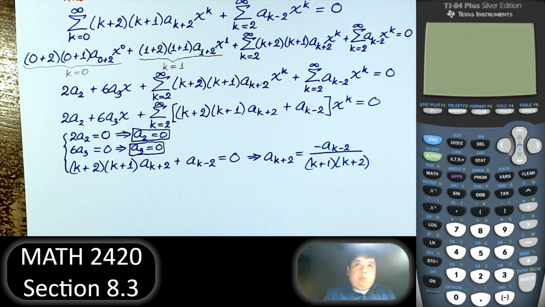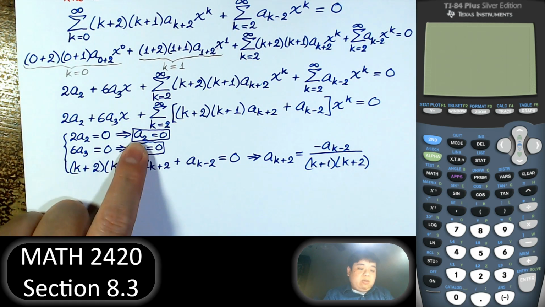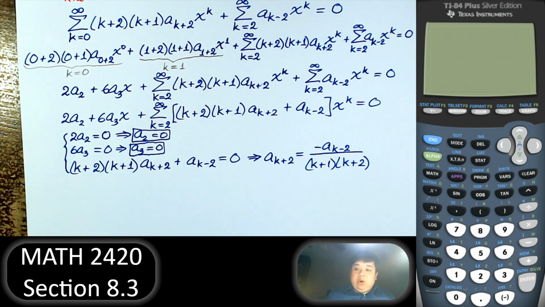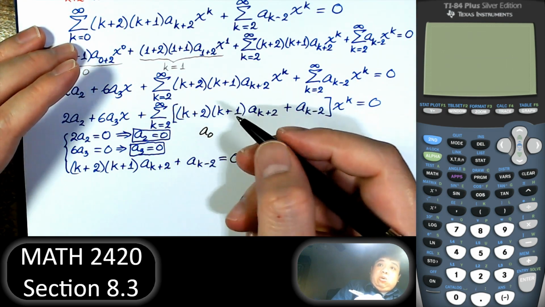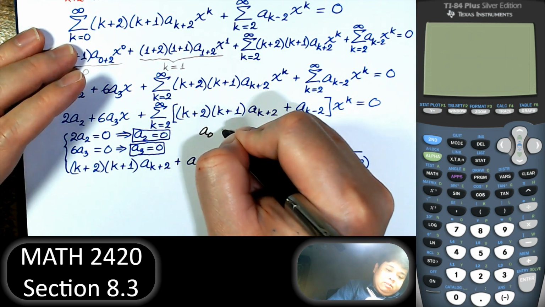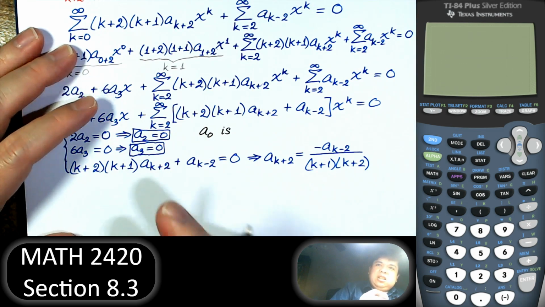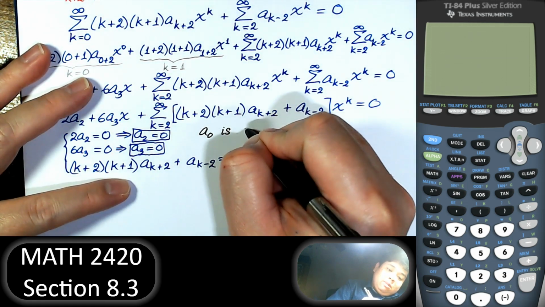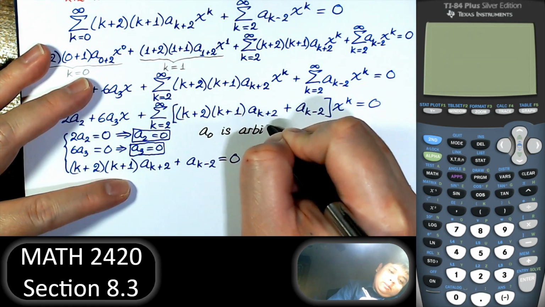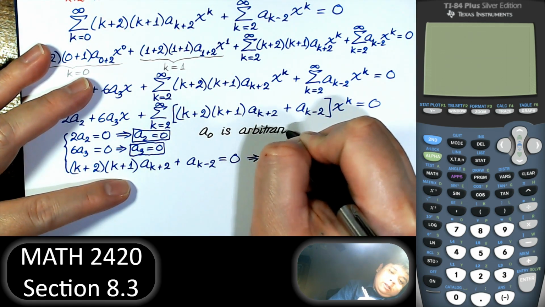Right, so since we start from a2 and a3, we don't know a naught. So in that case, we should say a naught is a constant, or could be any constant. Right, let's say it is an arbitrary constant.